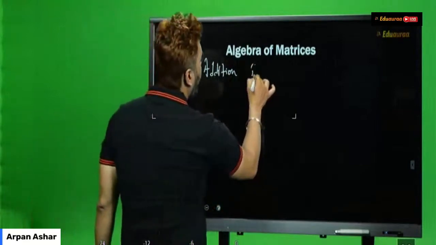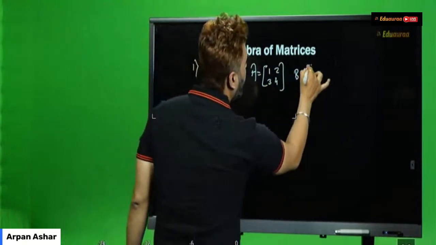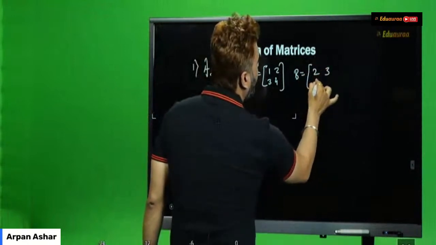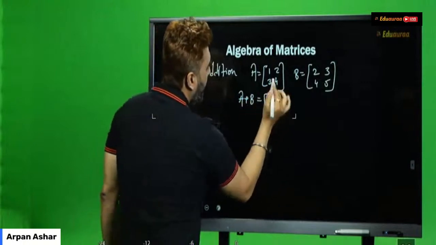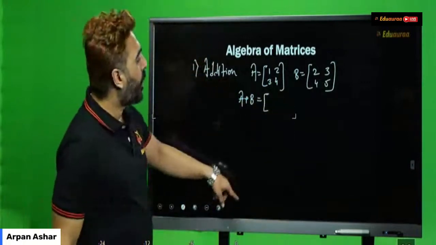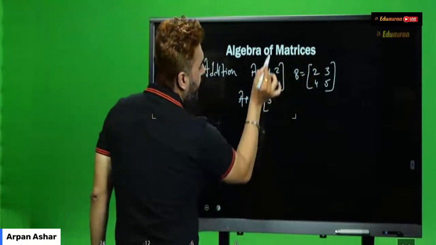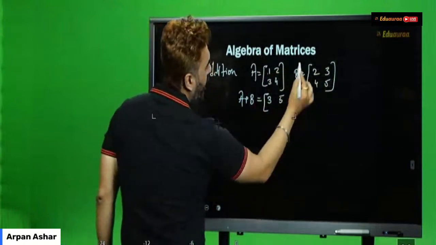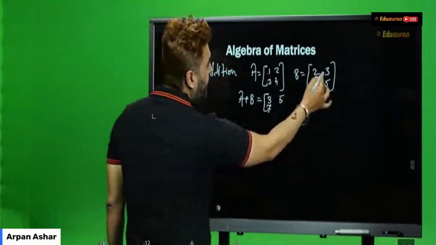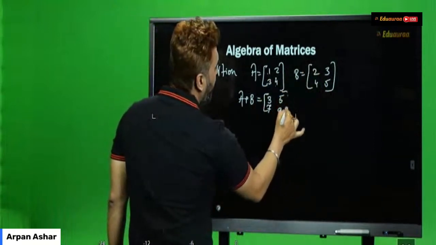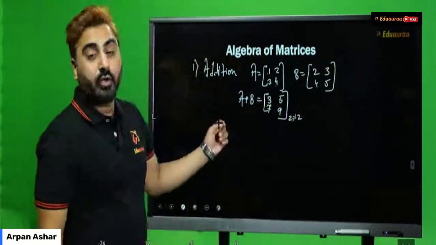So if we say A is equal to 1 2 3 4, B is equal to 2 3 4 5, what should be A plus B? You have to add corresponding elements. So 1 plus 2 gives us 3, 2 plus 3 gives us 5, 3 plus 4 gives us 7, and 4 plus 5 gives us 9. So this is how we add two matrices.